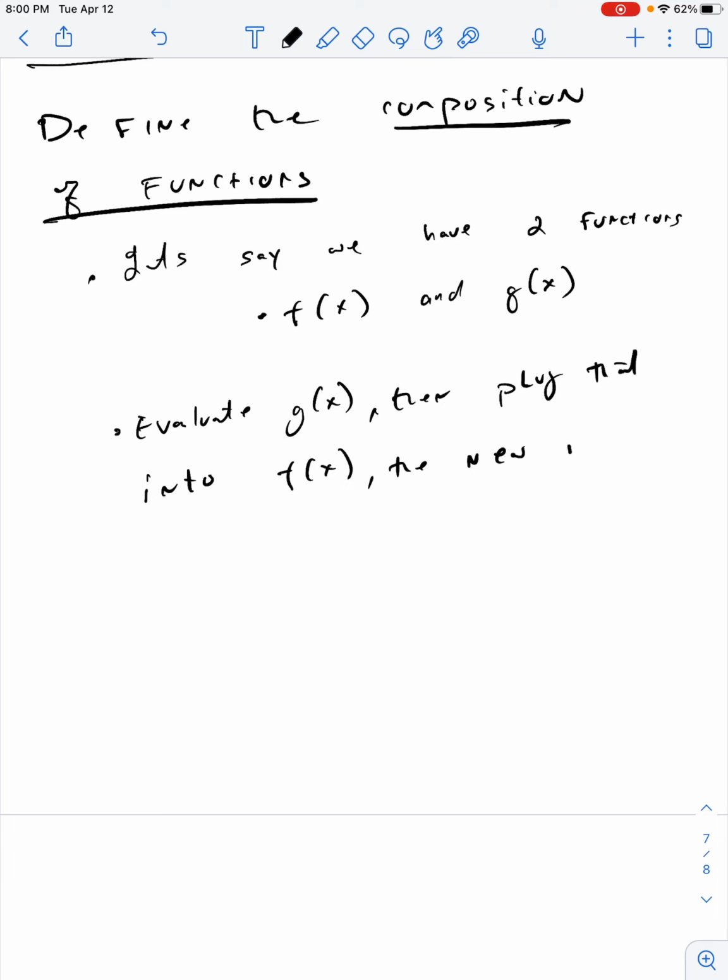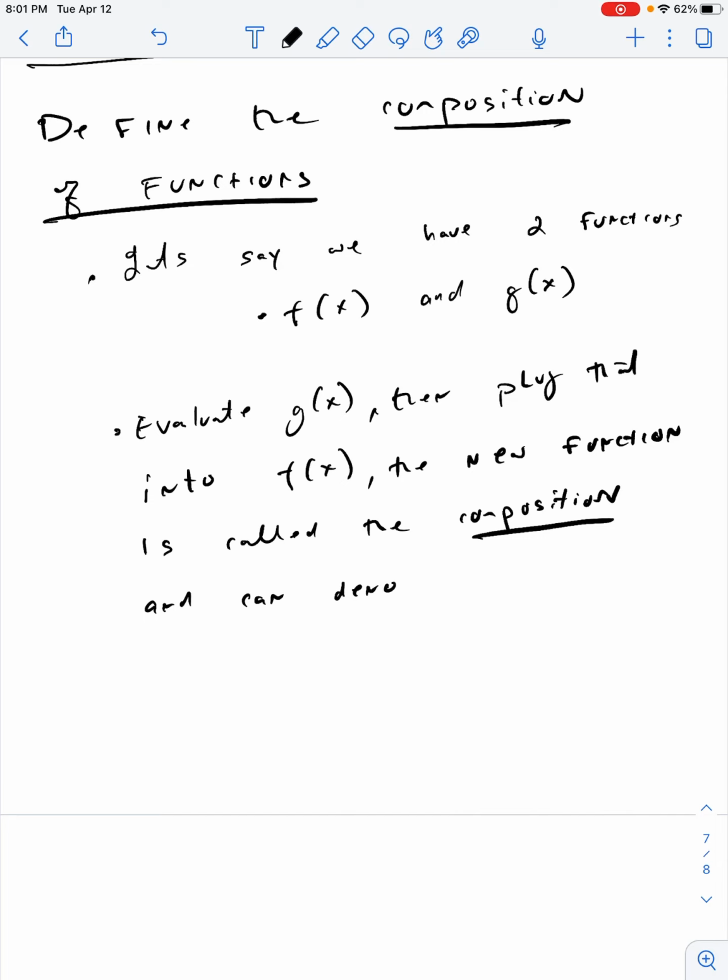The new function is then called the composition, and we can denote it by, let's just say, f with this little circle and then g afterwards.